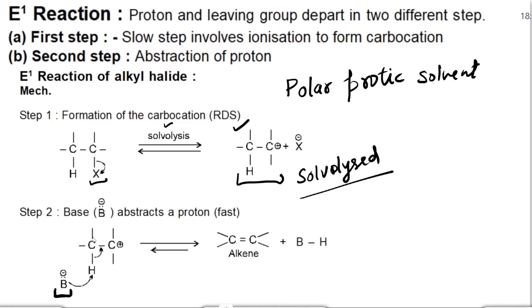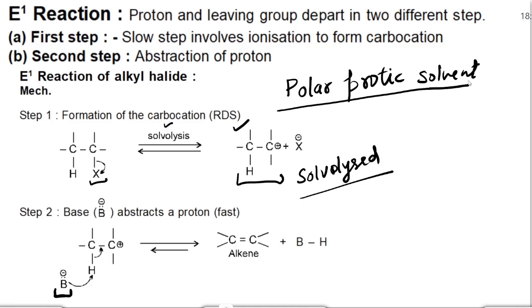Yes. So there should be a good leaving group, the first condition, and the solvent should be such that it can solubilize the carbocation formed. So the solvent should be polar protic in nature.